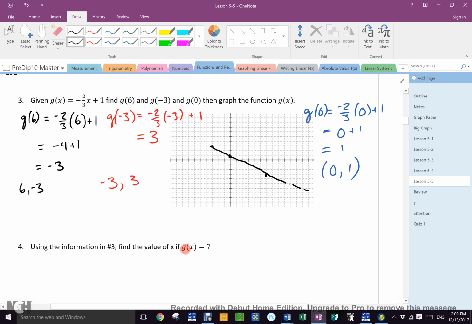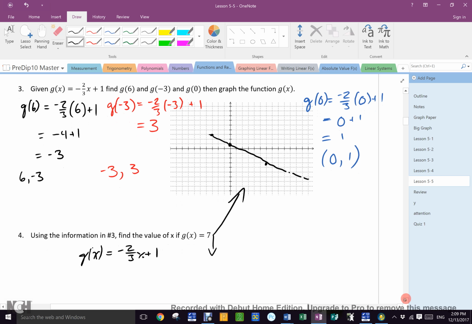Using the information from number 3, find the value of x if g of x equals 7. So, g of x equals negative 2/3 x plus 1. You can do this answer on the graph, or you can do it algebraically.